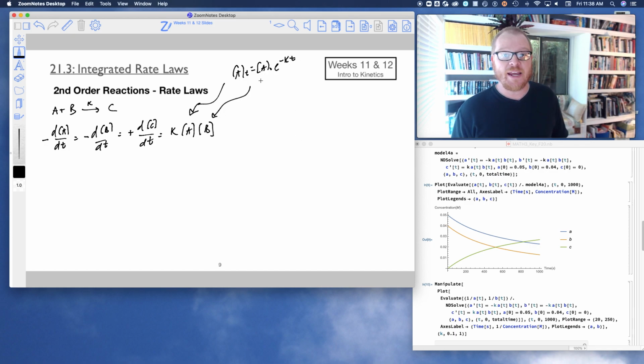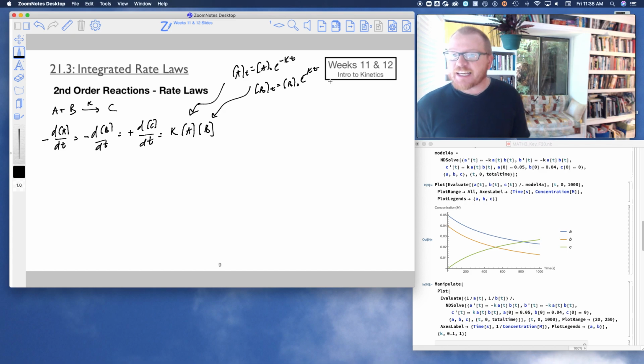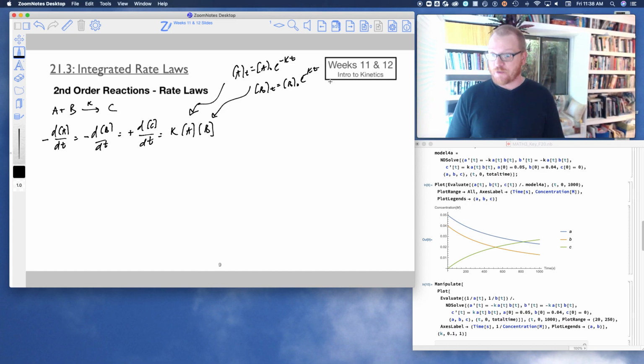And this one, B, is still first order just in B, okay? So it will also have that exponential decay. And C, of course, will be the positive of that, right?